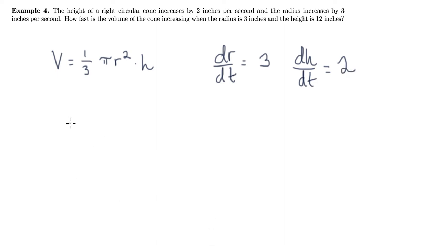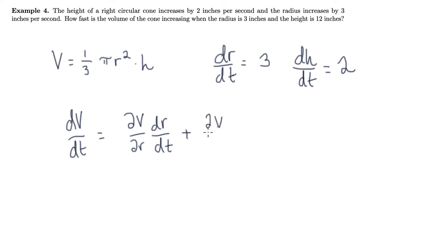And so we want to know dv dt. But the chain rule says that dv dt is partial v partial r dr dt plus partial v partial h times dh dt.